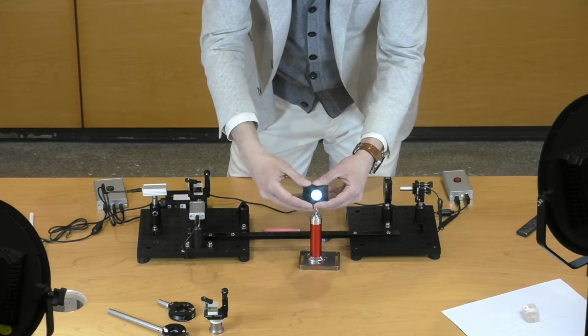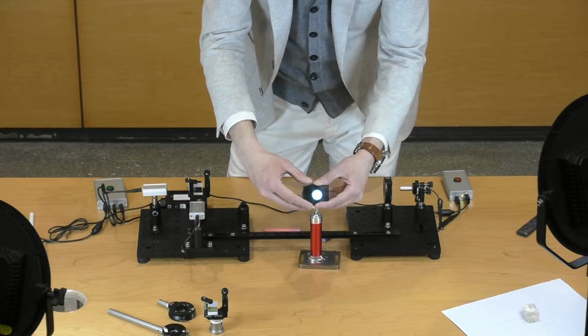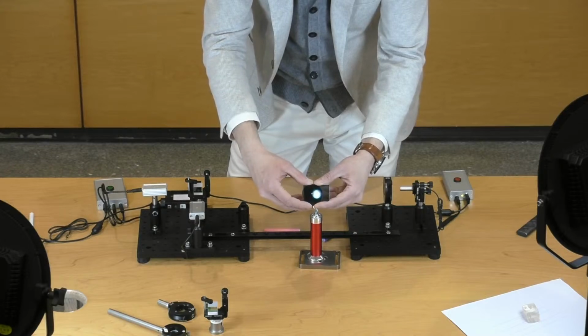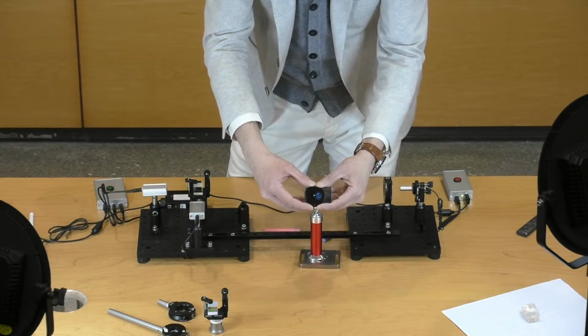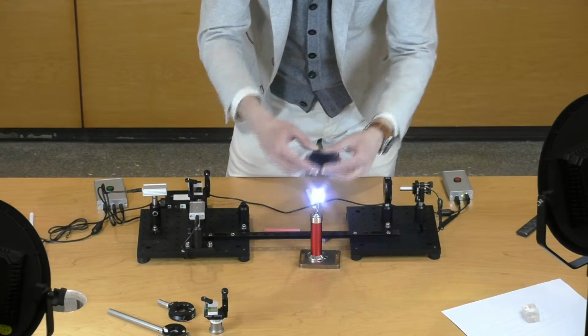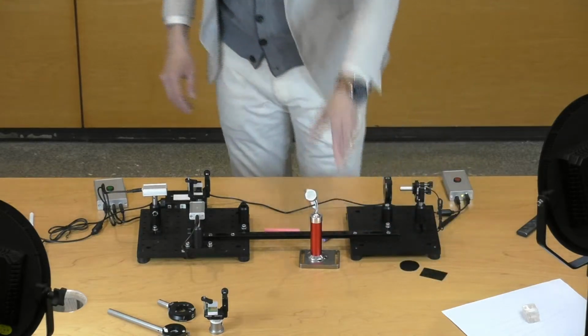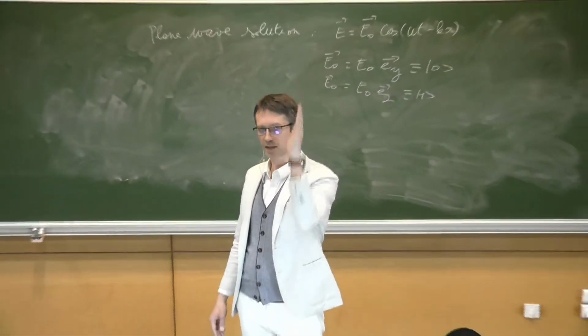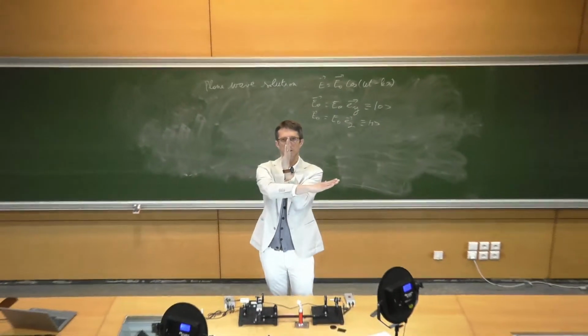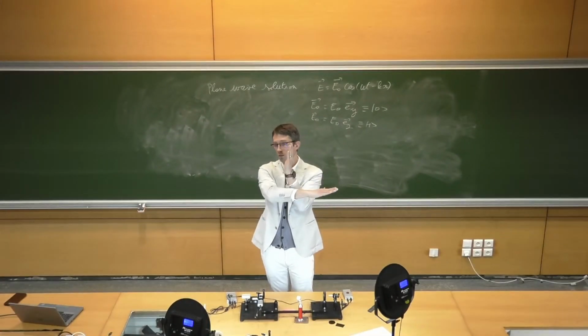And then I rotate again and start to lose some of the light because the axes are not aligned anymore until they are completely orthogonal, in this case here, and all the light is gone. Nothing can go through because the first polarizer selected that polarization and the second one selected that one. And there is nothing in common in between. So there's no light coming out.